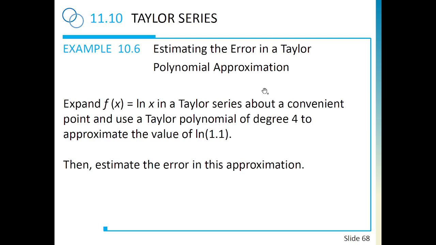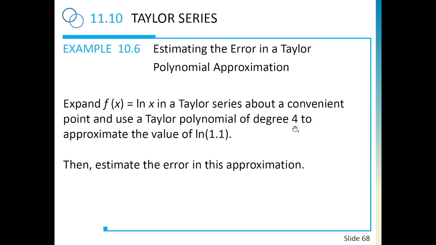So here is an example. We will have two options essentially. Let's say I have the function ln x, and I need to find a Taylor series, expanding it about a center that I need to figure out. But I need to use that series to produce a polynomial of degree 4.